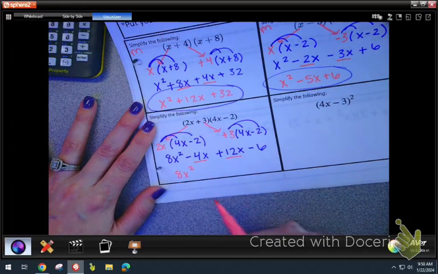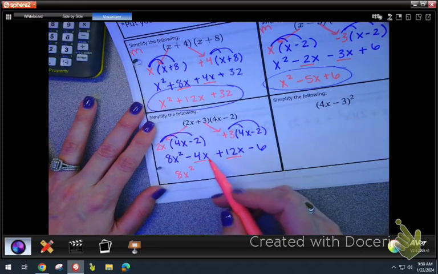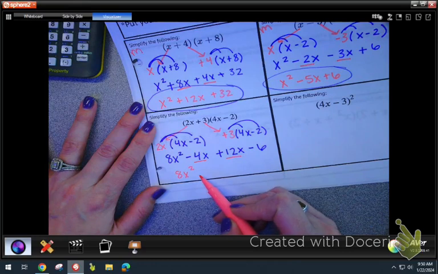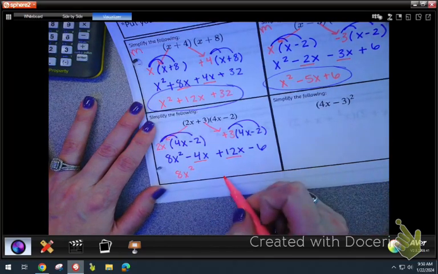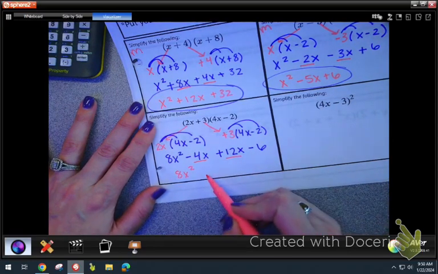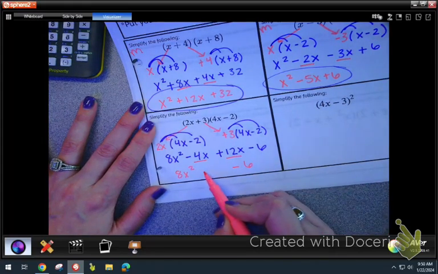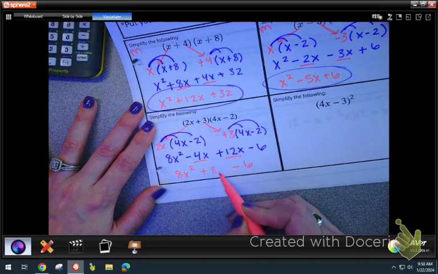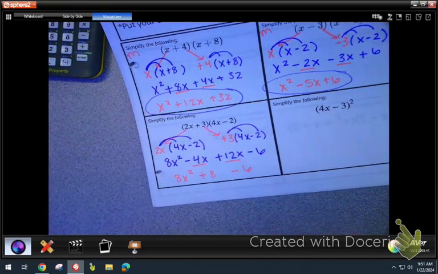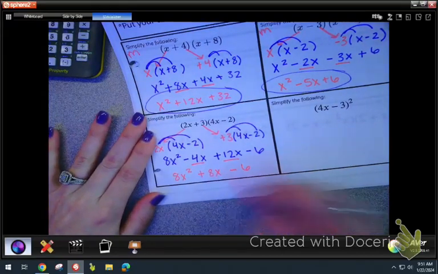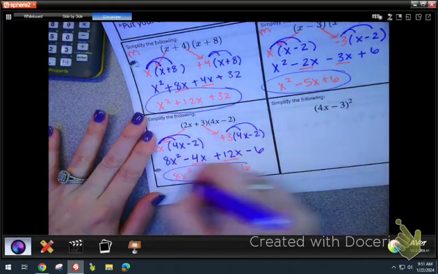Negative 4 plus 12 is... Put your calculator if you don't know it. Negative 4 plus 12. And then what makes them alike? They both have a... And there we go right here.